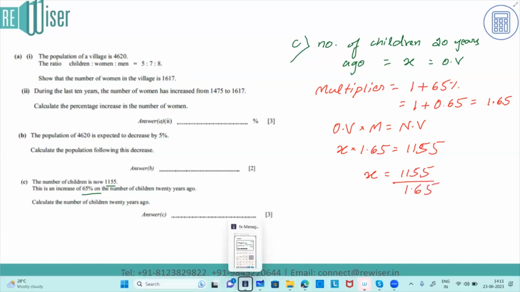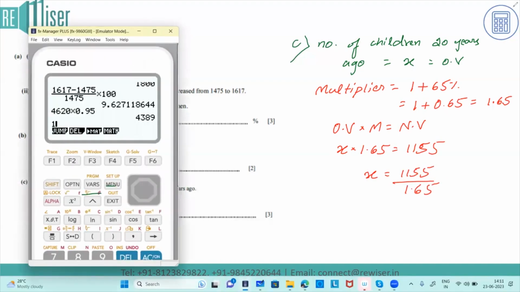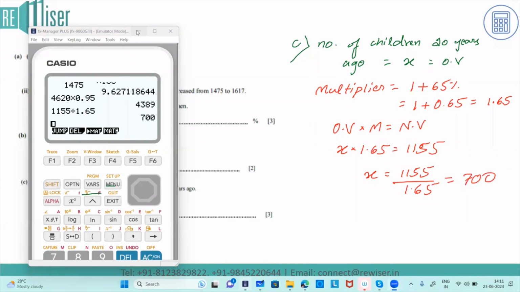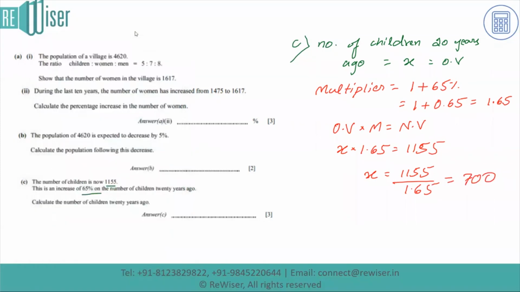If I put this in the calculator, we get exactly 700. So 20 years back, the number of children is 700. And that's the right answer for the sum.